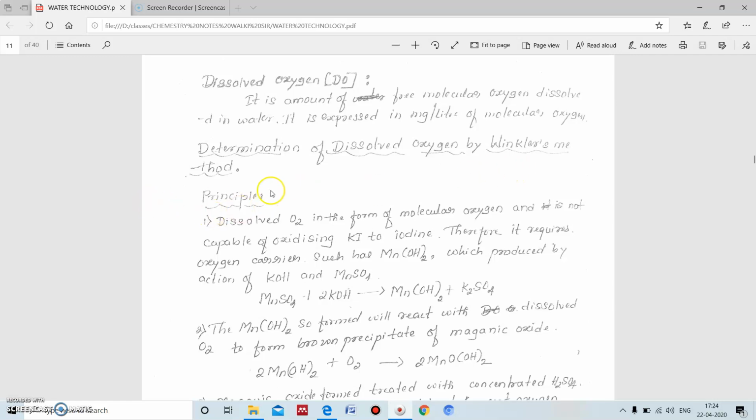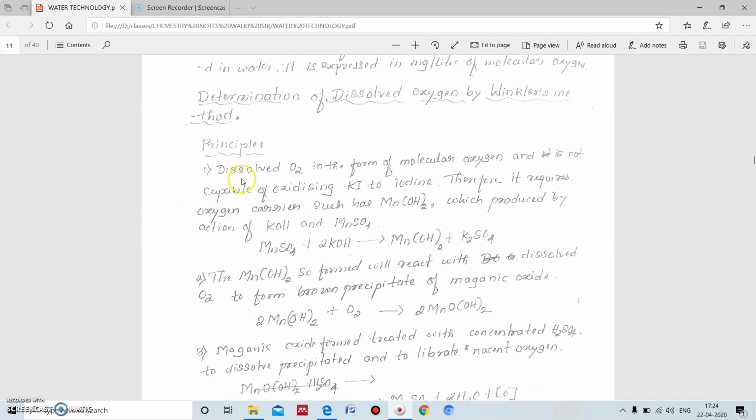The principle involved in Winkler's method is that the dissolved oxygen present in the water does not by itself oxidize potassium iodide into iodine. Therefore, this requires an oxygen carrier like manganese hydroxide, which is produced by the action of KOH and MnSO4.